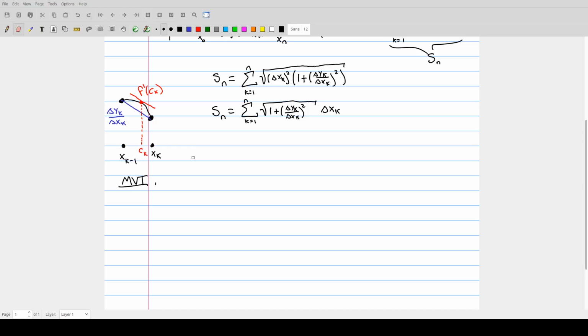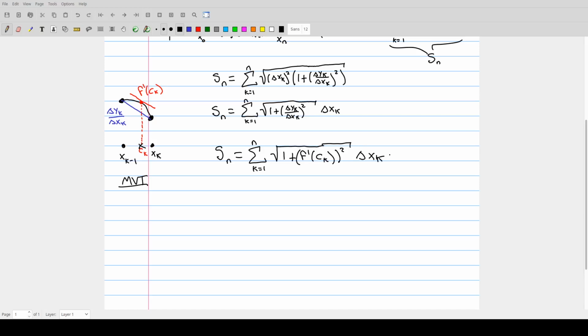And what that means is that in our Riemann sum, for every single subinterval, there's this point ck where this is true. So delta yk over delta xk can always be expressed as the value of the derivative of our function at some ck in the interval. So it's going to be 1 plus f prime at that value ck for the kth subinterval squared, times delta xk.